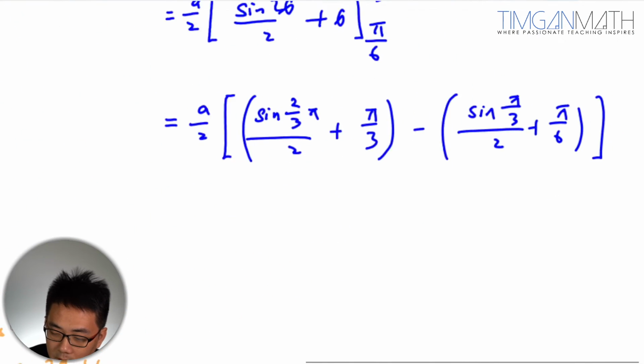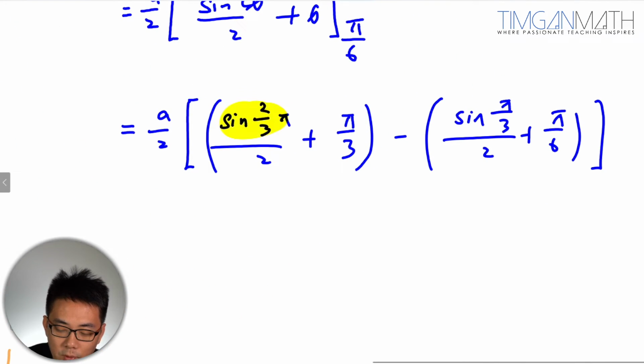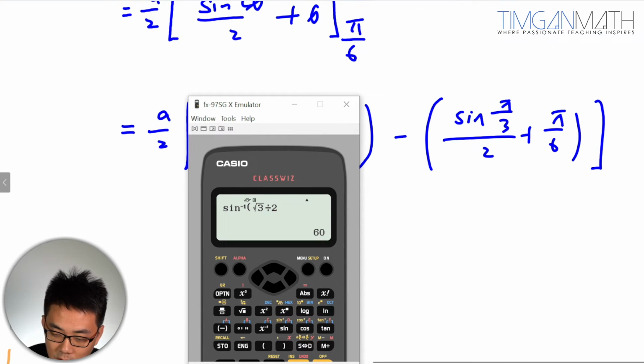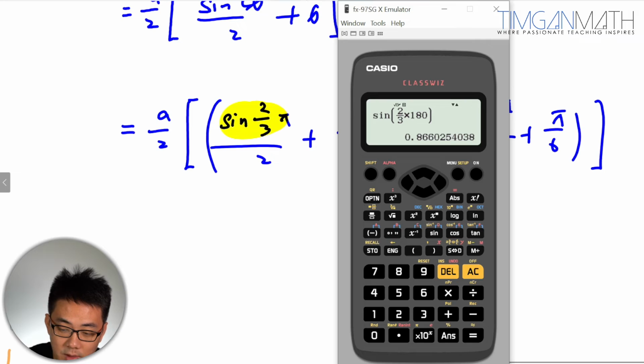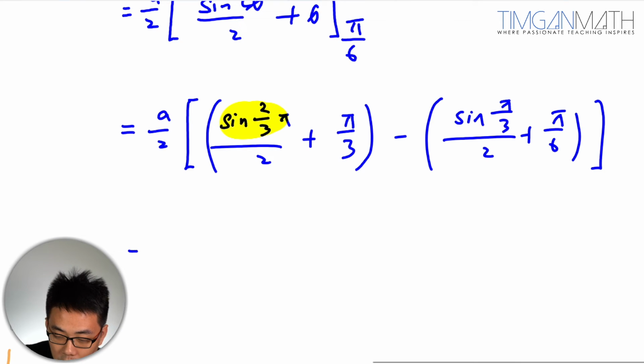Okay, so quick tip here. If you do not know how to do this, the fastest way is just use a calculator. So 2/3 pi is in the second quadrant, where sine is actually positive, but if you do not know what to do, just use the calculator. This is sine of 2/3 pi, times 180, pi is 180. This is actually root 3 over 2. So you square it, you get 3 over 4, so this value is root 3 over 2.